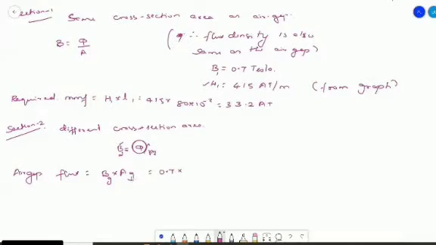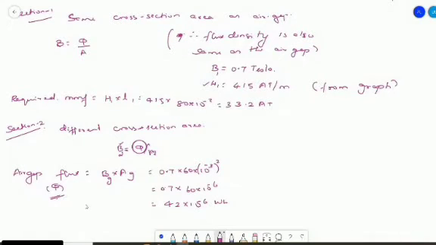And the area of cross section of the air gap is also known to us. So that is 60 into 10 to the power minus 3 mm square, so it is 0.7 into 60 into 10 to the power minus 6. You will be getting around 42 into 10 to the power minus 6. So flux we have obtained.